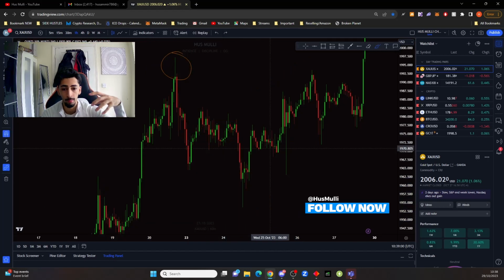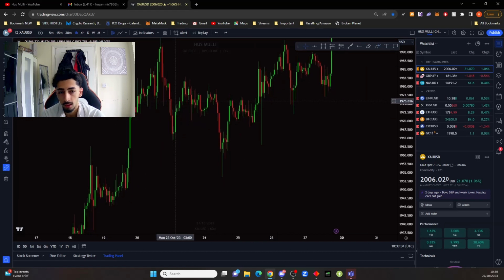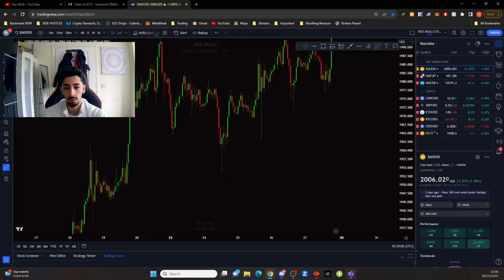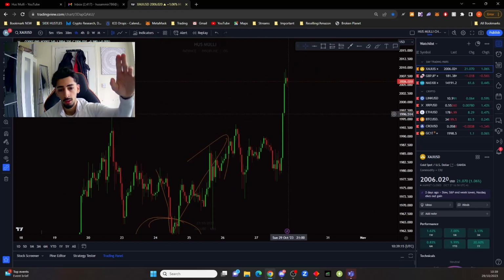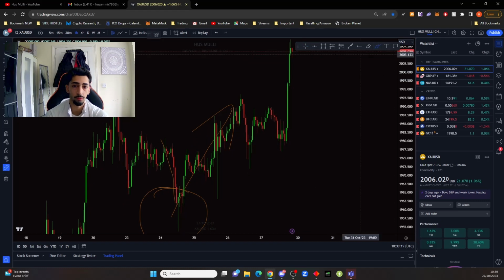So that is liquidity. It's like you're grabbing fuel, or you're doing a pit stop to continue moving in the direction you want to go. So here it came down, grabbed all this liquidity, then shot up. And to keep shooting up like it wanted to do, you had to keep grabbing liquidity, because a car can't run on the same fuel forever without having to top up.